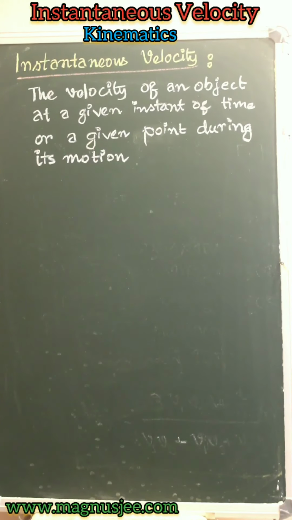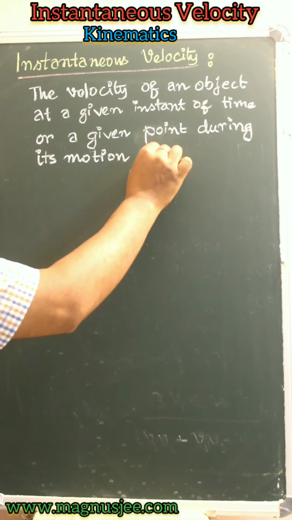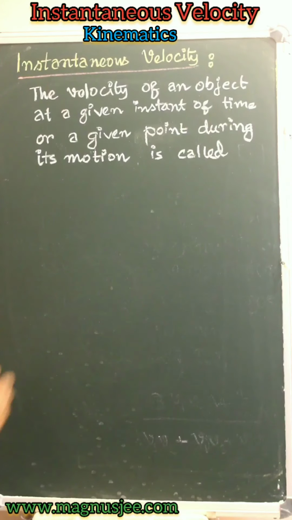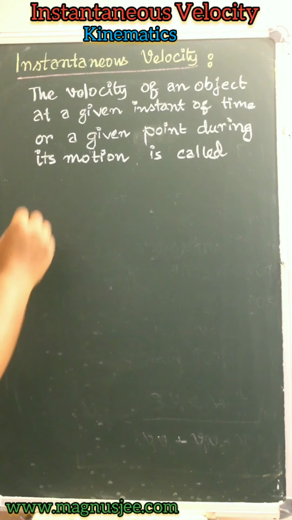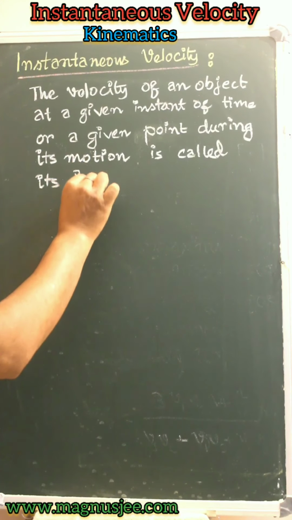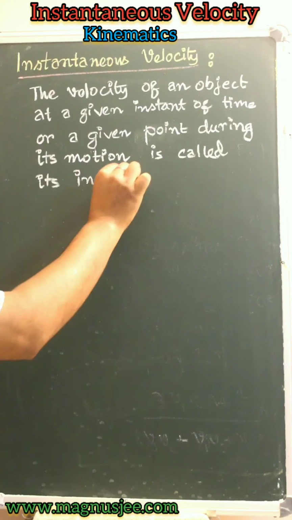The velocity of an object at a given instant of time or given point during its motion is called its instantaneous velocity.